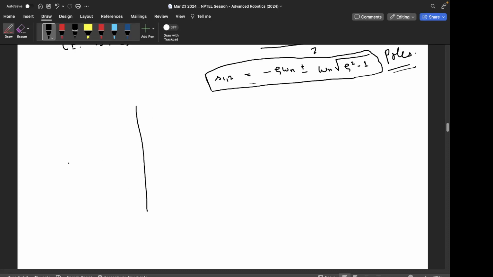So in the S plane, note that you see there is under root xi square minus 1, right? Interesting things happen whenever there is a difference under a square root, right?